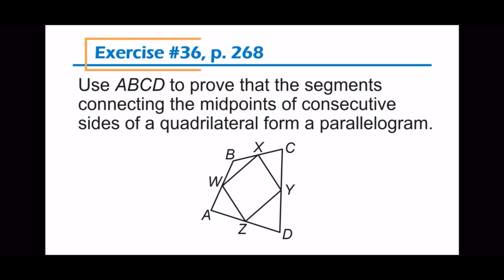We can prove that the midpoints are the vertices of a parallelogram. And this is true no matter what the original convex quadrilateral is. Think about that. You take any quadrilateral, draw the midpoints of the sides, connect them in order, and you have a parallelogram. And that's pretty neat.